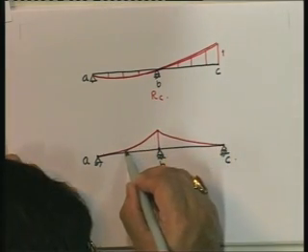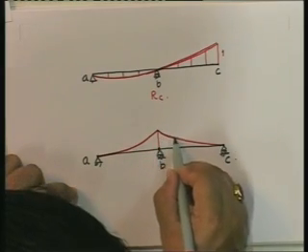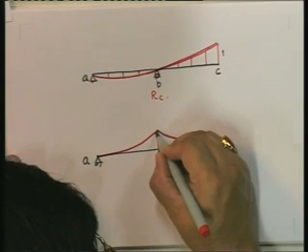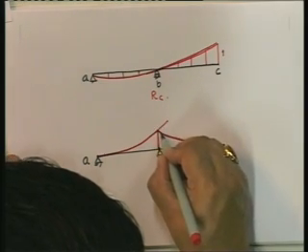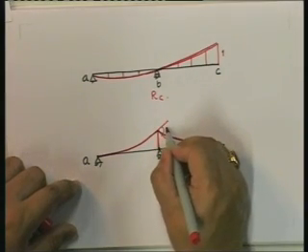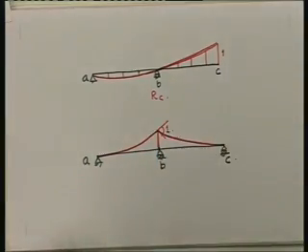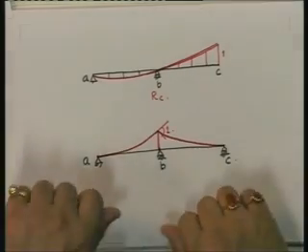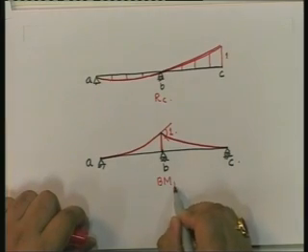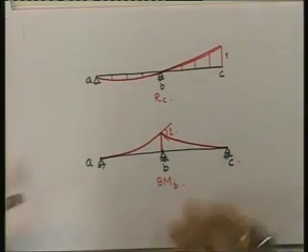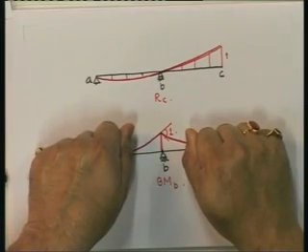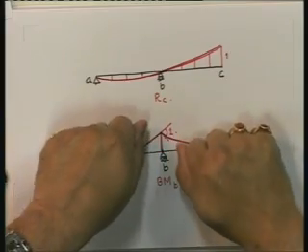Again, this is going to be symmetrical about point B, and I don't know what this value is. However, I know that this has to be equal to 1, because again this is MB, the bending moment at B, and so I have to give a unit displacement corresponding to the response quantity.